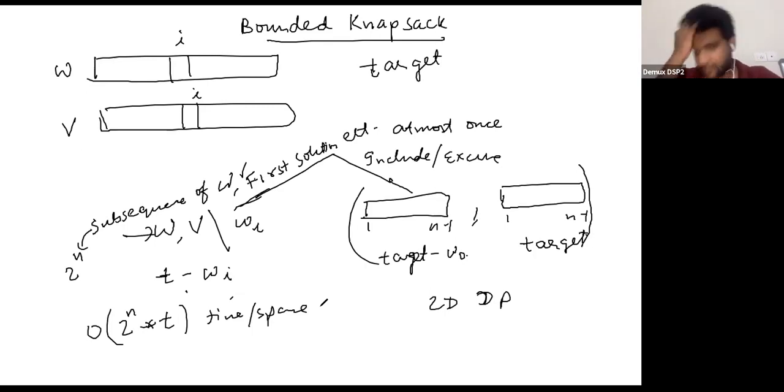Does everyone understand this? What if we try this decision on this problem? So yeah, that is basically it. So this is more efficient. This is an order n into t solution, right?